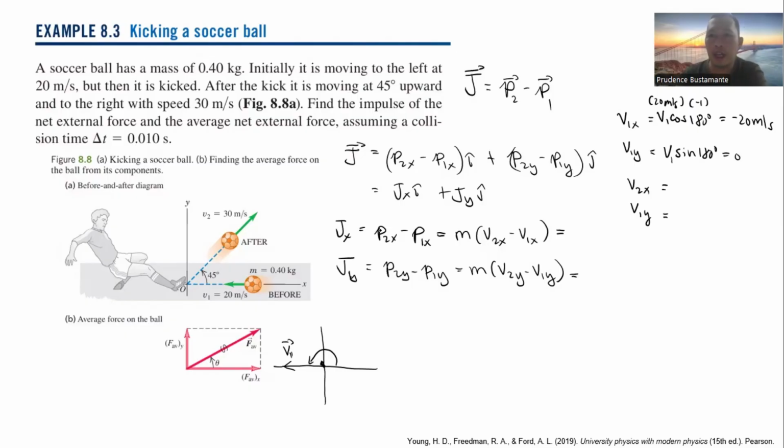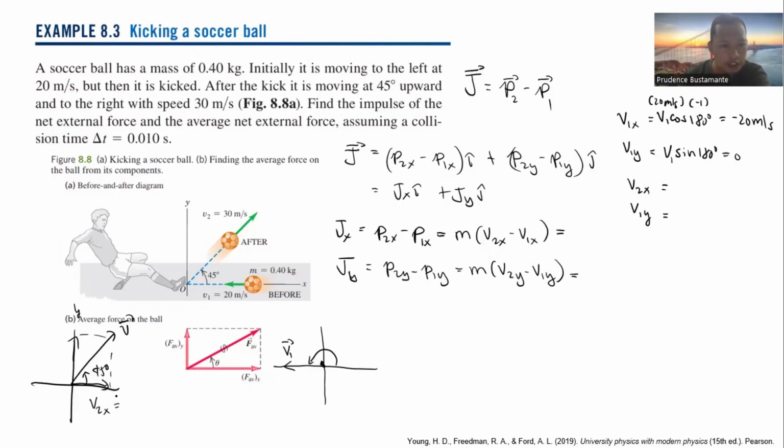How about the y component, and the v2x and v2y? Here is the vector v2. It has a magnitude of 30 meters per second, at 45 degrees. It has components vx and vy.